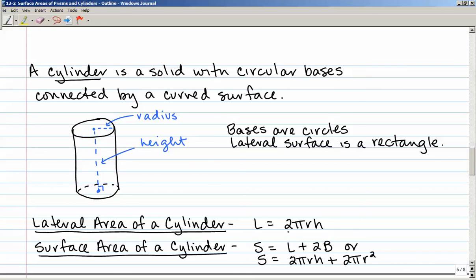But because the lateral area is 2 pi rh, and I know the area of the base is going to be the area of the circle, it's easier to use this formula here. S equals 2 pi rh, that's the lateral area, plus 2 pi r squared. Those are the areas of the two circles, the top and the bottom.